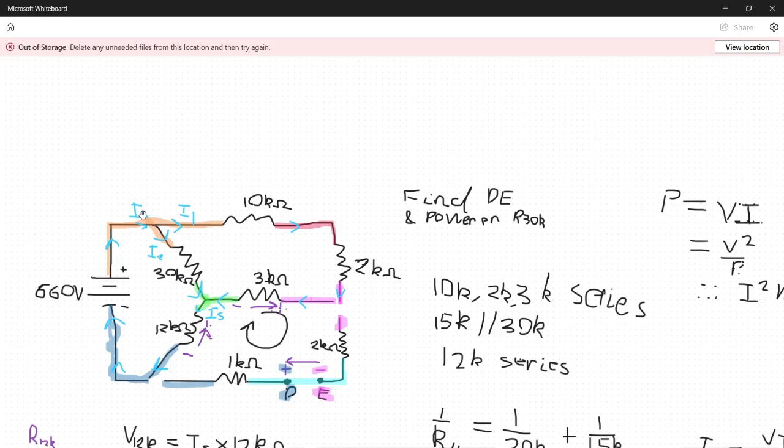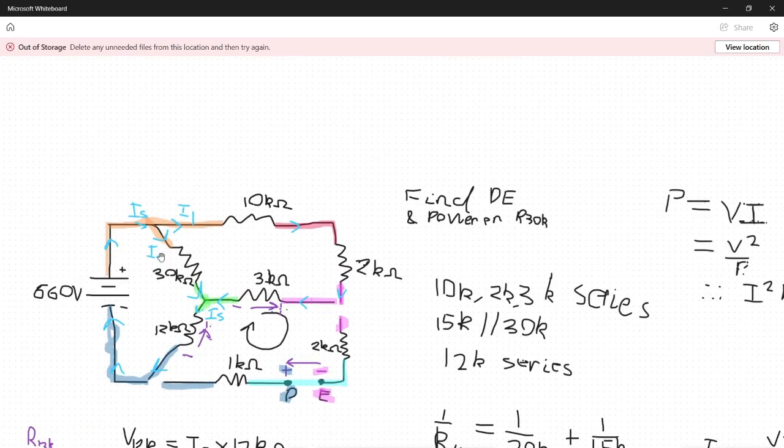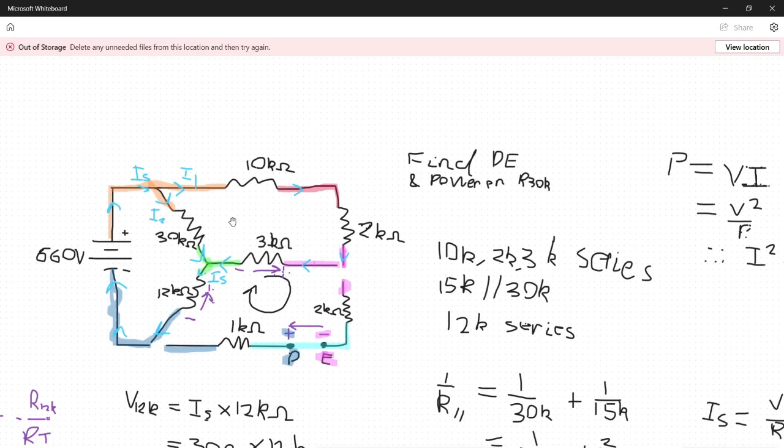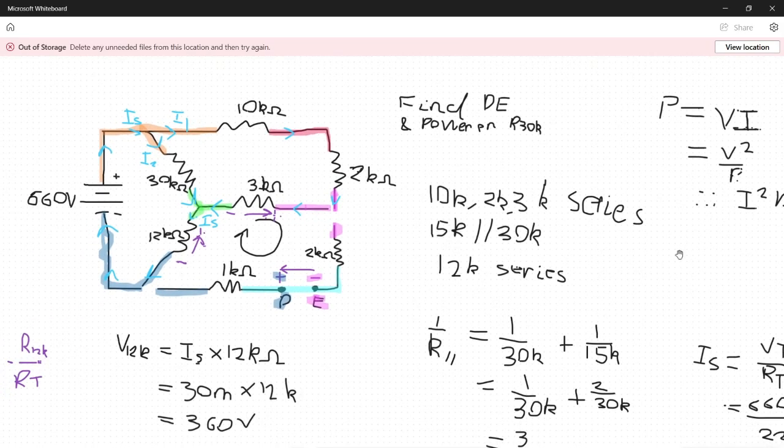Or we could say I source minus I1, which will give us I2, because that's the KCL. And then we can use that to get our I squared times R.